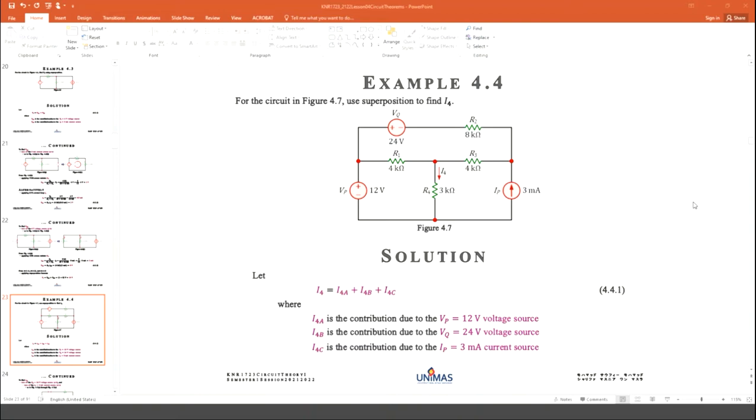Okay, now you take pen and paper. VQ short, so you can erase it and replace it with a short. Just a connection between the two, a straight line. Right?